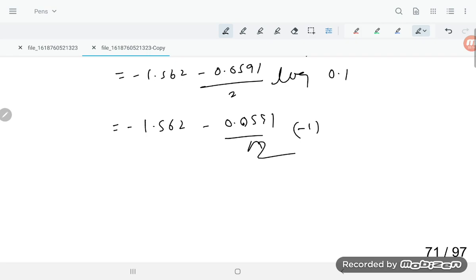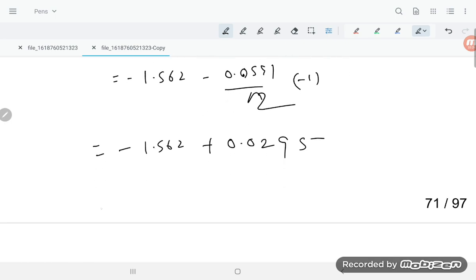So this will come to be minus 1.562 plus 0.0295. Add it out, students. So how can you solve it?